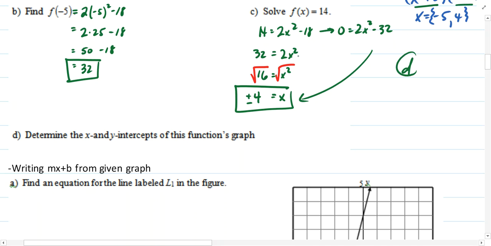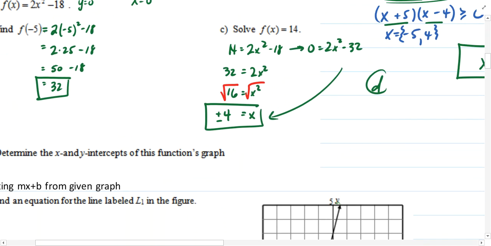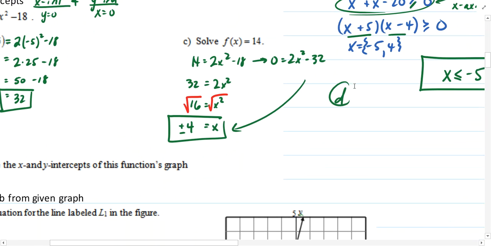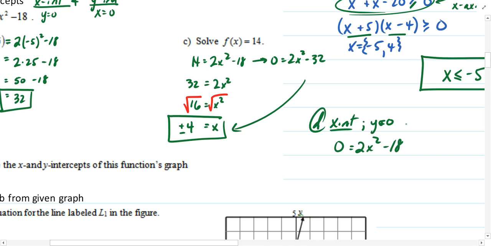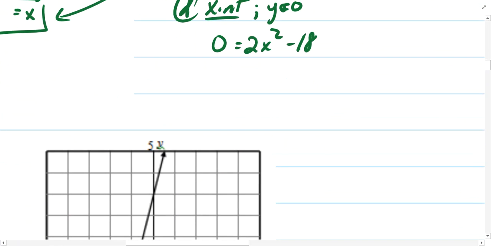So question D is asking us to find the x and y intercepts of the graph. And so again, we'll recall that the x-intercept of a graph is found when y is equal to 0. So if y is equal to 0, we've got 0 equals 2x squared minus 18. And so here again, we can add 18 to both sides because there is no b value.